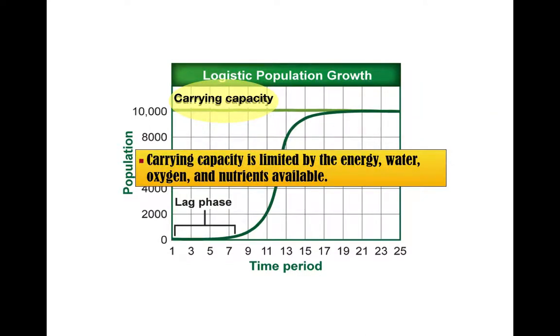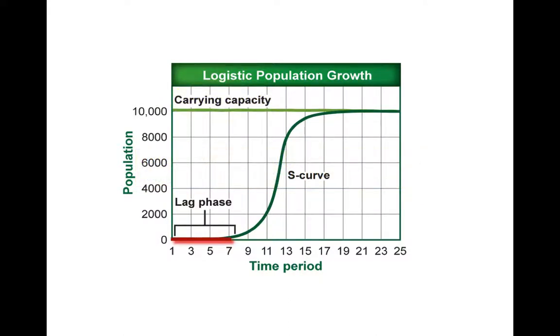Carrying capacity is limited by energy, water, oxygen, and nutrients. And here you have a lag phase, like we talked about before. And then you hit that exponential growth, which we call the S curve. As you can see, it looks like an S. And then because of competition and limited resources, a lot of that population stops growing and it plateaus and then hits the carrying capacity, another lag phase.